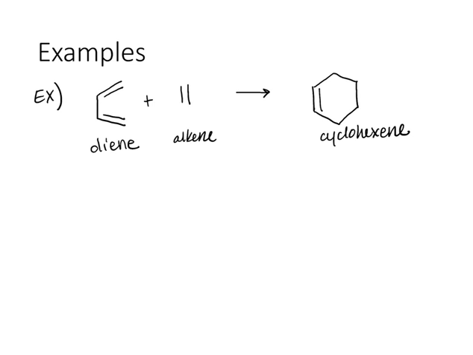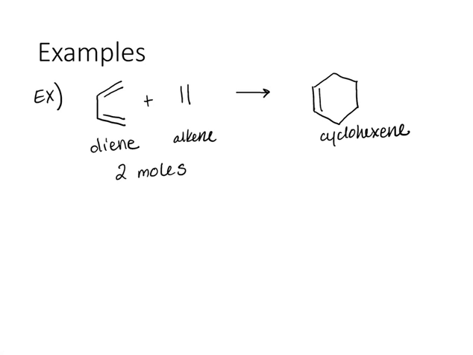But let's count the number of moles of the reactants and the number of moles of the product. So how many moles of reactant do we have? 2. We have 1 mole of each reactant for a total of 2 moles.